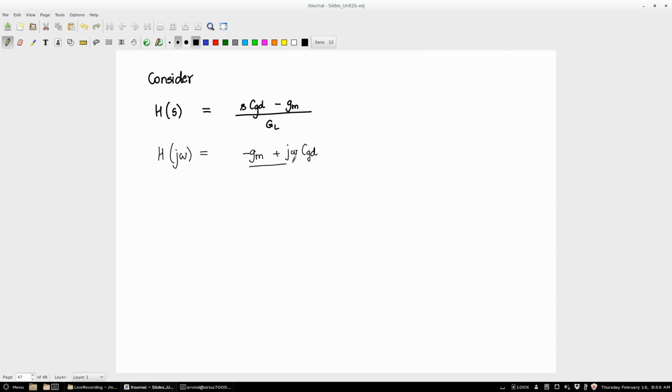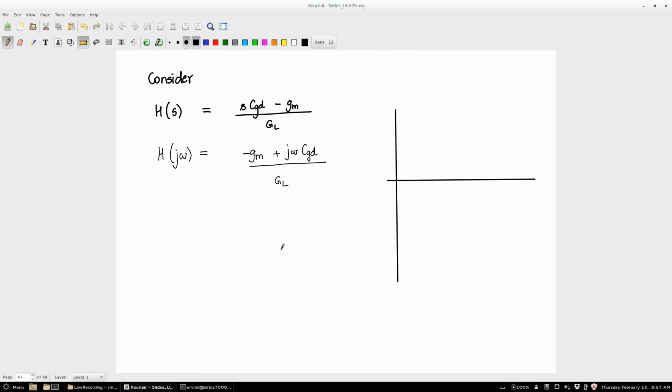S CGD minus GM, whole thing divided by GL. Okay, so consider this. What is your H of omega? It will be minus GM plus J omega CGD by GL. How will it look if you were to draw the Bode plot, the phase and magnitude response, for this?